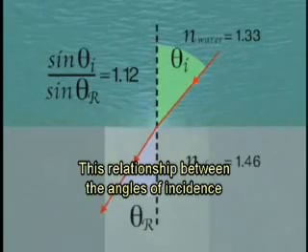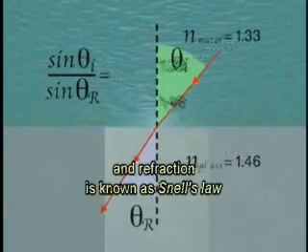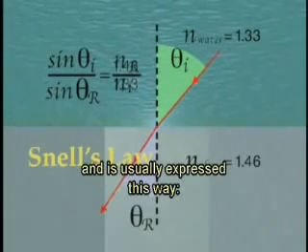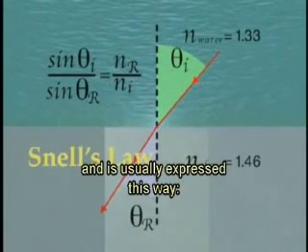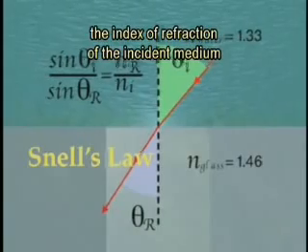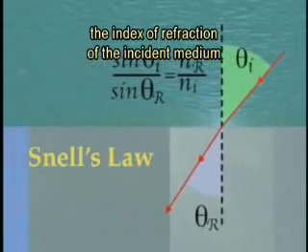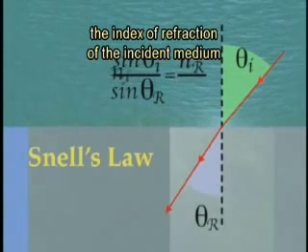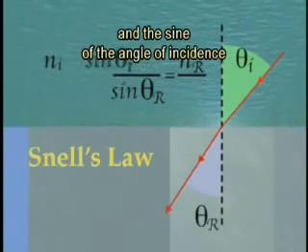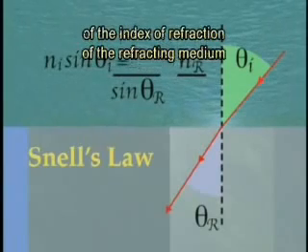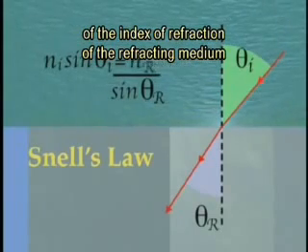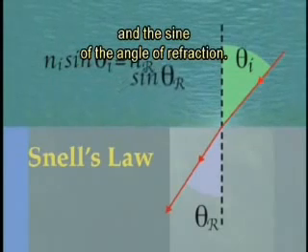This relationship between the angles of incidence and refraction is known as Snell's law, and is usually expressed this way. The product of the index of refraction of the incident medium and the sine of the angle of incidence is equal to the product of the index of refraction of the refracting medium and the sine of the angle of refraction.